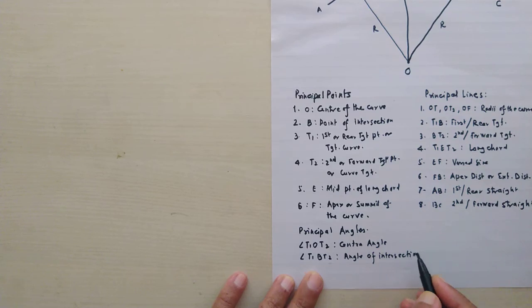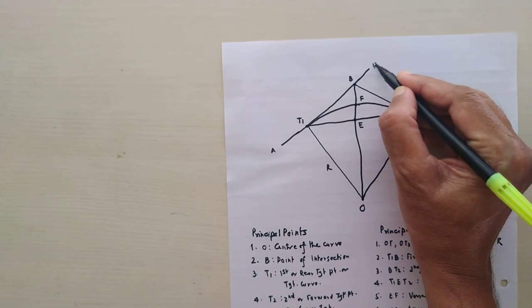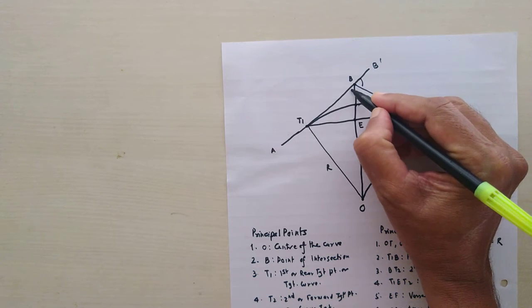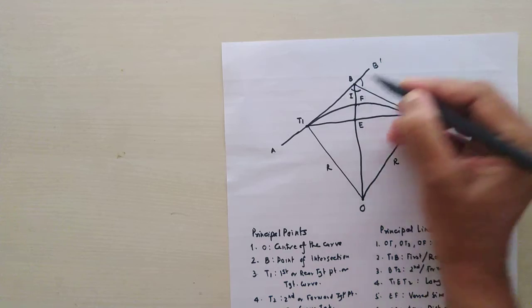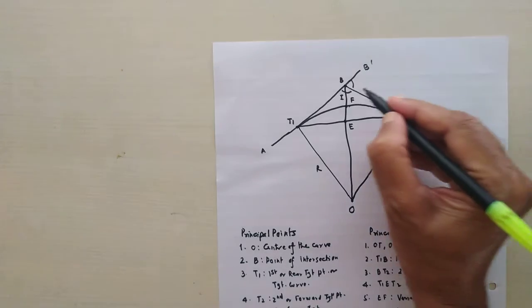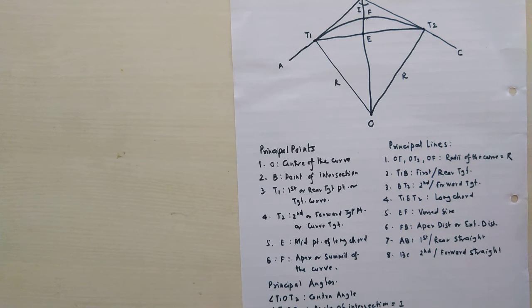And the last angle is this angle B dash BC. This angle is the angle of intersection, denoted by I. And this is the angle delta, angle B dash B T2.